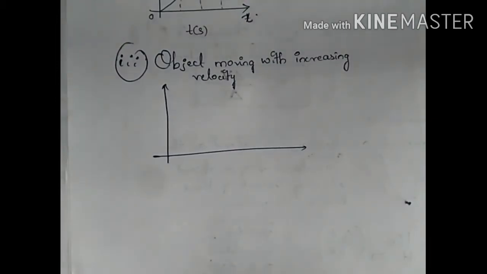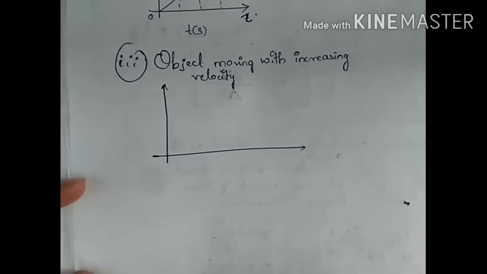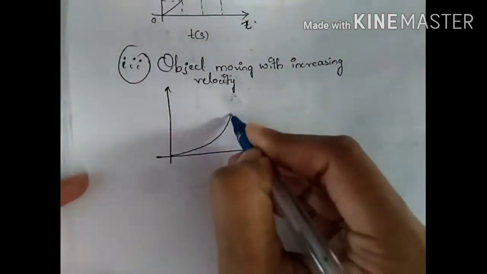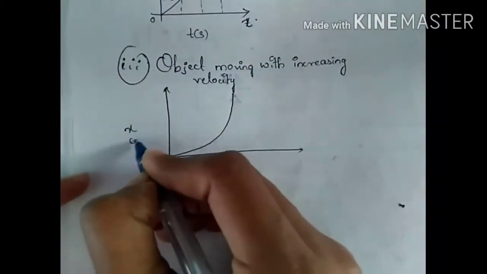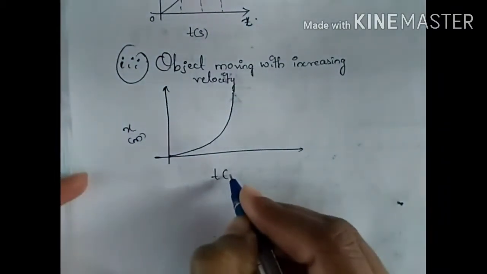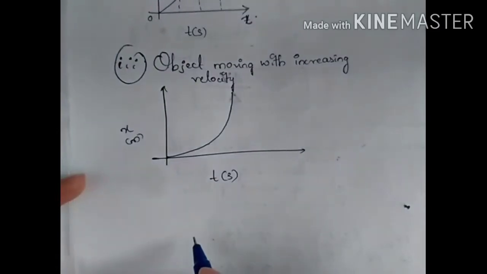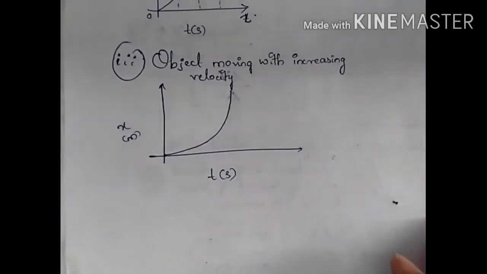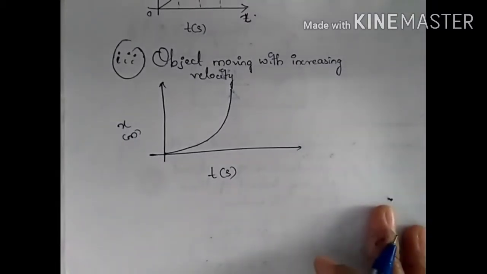So here the displacement change will not be uniform. The displacement of an object increases with time. So this is for an object moving with increasing velocity.